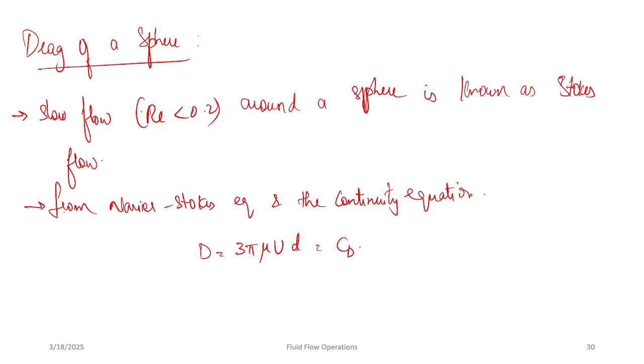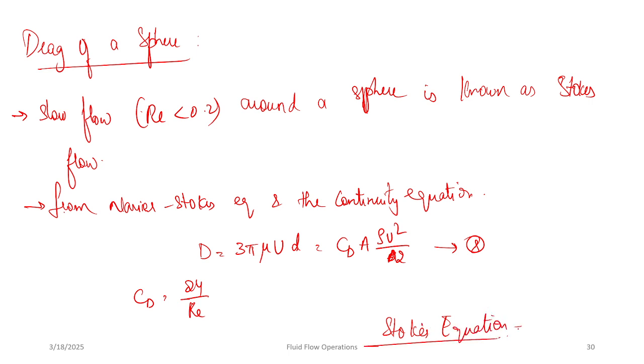This will be equal to CD × A × ρU²/2. This is equation number 8. Here CD will be equal to 24/Re. This is called the Stokes equation. And if you slightly increase the Reynolds number from below 0.2 to a range between 0.2 and 5.